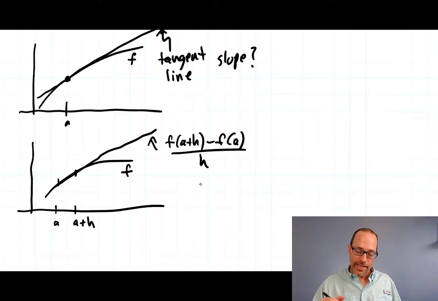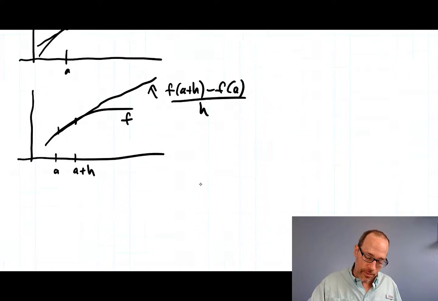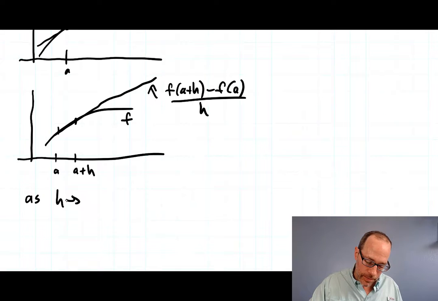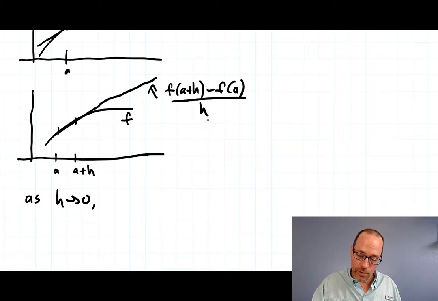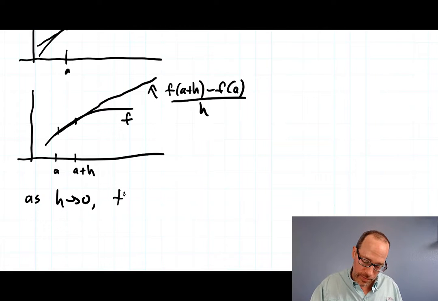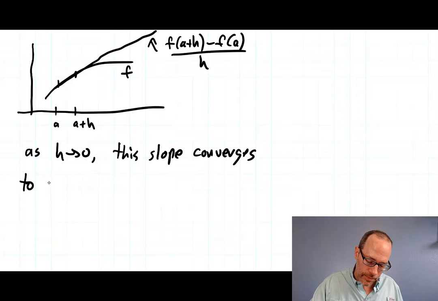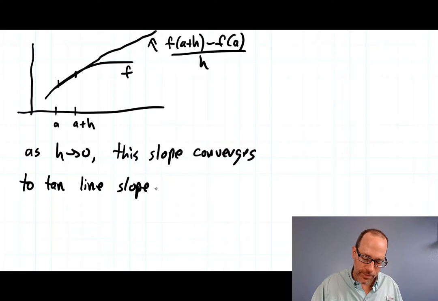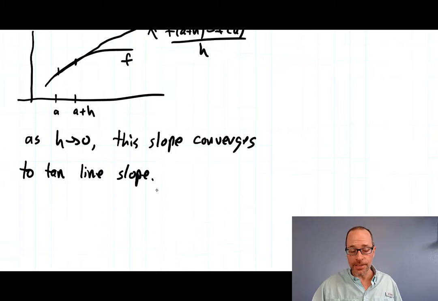And you figure that as h goes to 0, you figure that this slope will converge to the tangent line slope. Okay, so remember, that's the process of taking a limit.